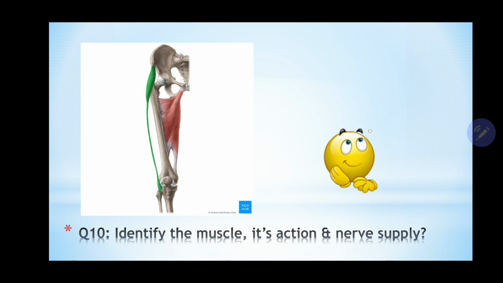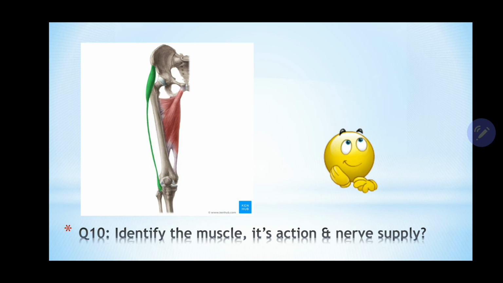You try to flex your hip and your knee to reach your hand to the ground, and in that position if somebody commands you to become a statue, you have to maintain your body weight against gravity. And don't forget that the knee joint in a semi-flexed state is very unstable, it's unlocked. So to maintain your semi-flexed hip and knee, and to maintain the posture, it is this iliotibial tract which has a role, right?